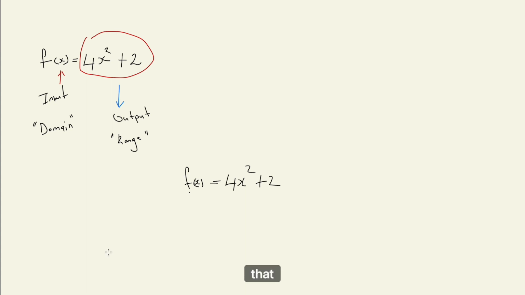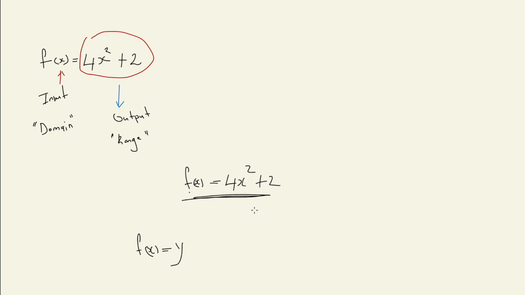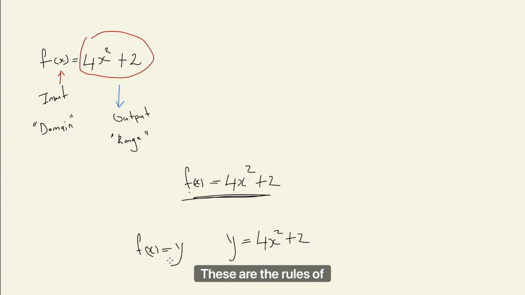In addition to that, also note that any function which has the notation f of x is also equal to y. Therefore, f of x equaling 4x squared plus 2 is also equal to y equal 4x squared plus 2. These are the rules of functions.